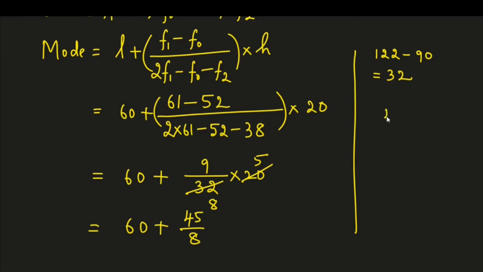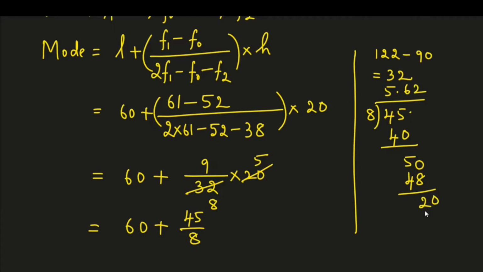Now what is 45 by 8? 8 5s are 40. 5 point here. 8 6 are 48. 2, this becomes 20. 8 2s are 16. Then 40. 8 5s are 40.